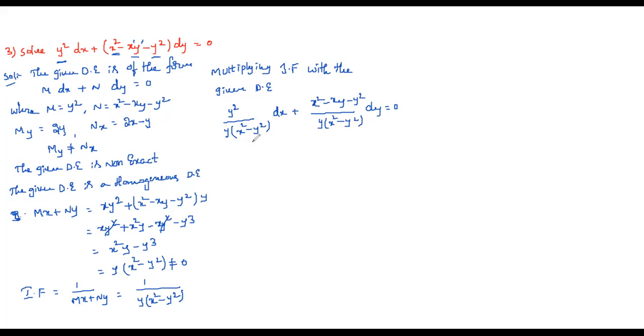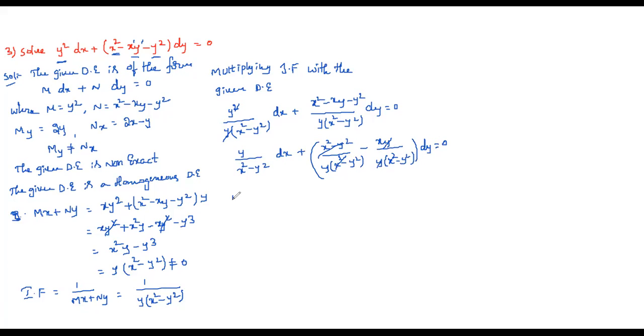Now we need to check whether it is exact or not. Before that, you can simplify this one. The y cancels: y by (x square minus y square) dx plus, we can split this one as (x square minus y square) by y into (x square minus y square), and minus xy by y into (x square minus y square), whole dy is equal to 0. Here these two cancel, and here y will cancel.